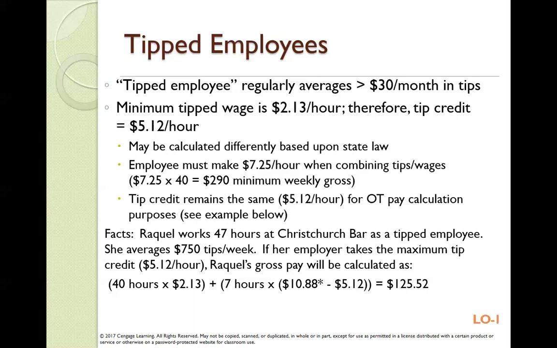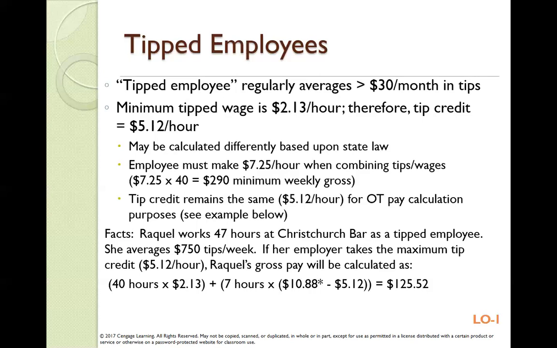So that's $7.25 times 1.5. I believe that's how they got that. So that's $10.88, the typical overtime rate under minimum wage.